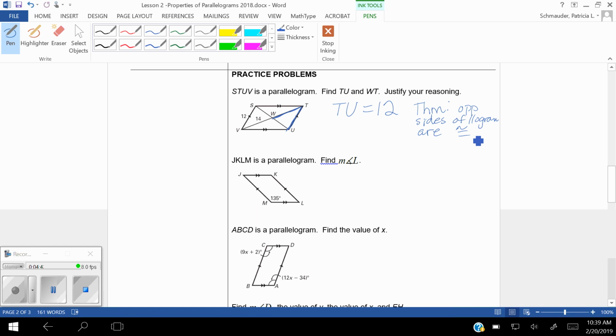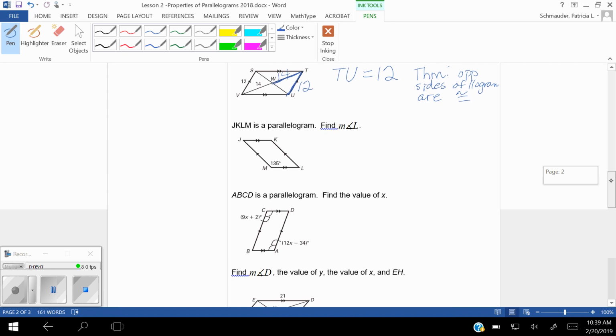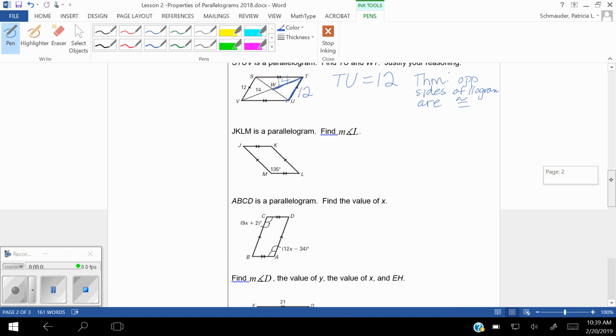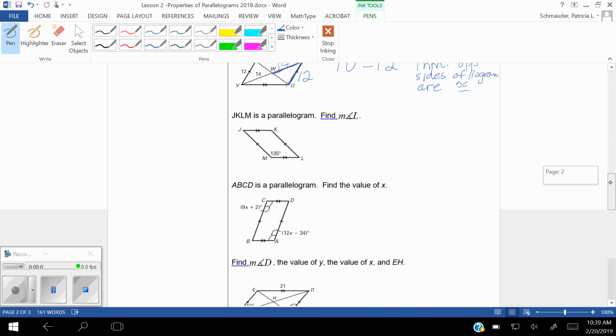That's what I would write if I were writing a reason. And then WT here is going to be 14, right? And again, the justification for that would be the theorem that says the diagonals of a parallelogram bisect each other. Okay, again, in a proof, you don't have to write your theorem as an if-then statement, but you got to say theorem, colon, and then abbreviate it in such a way that I know what you mean.